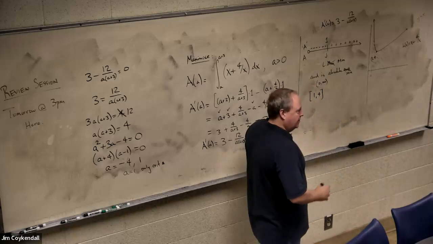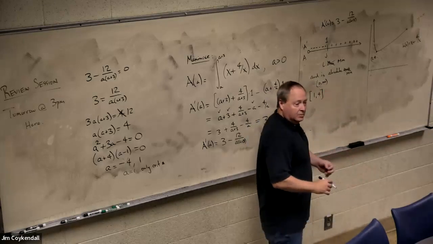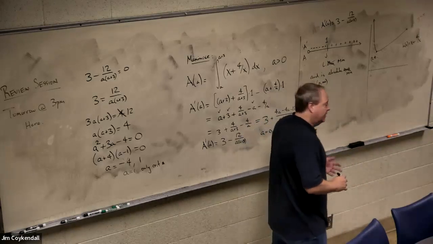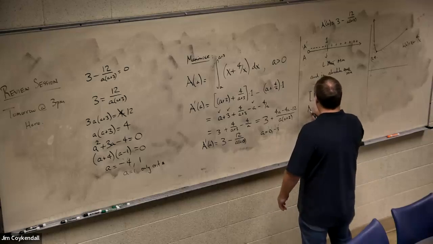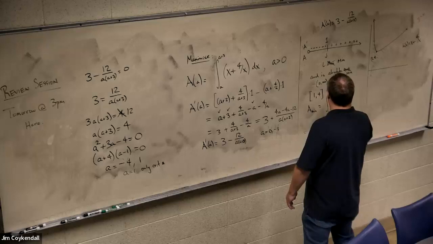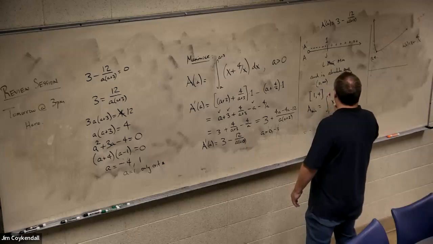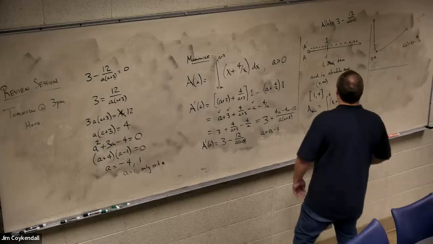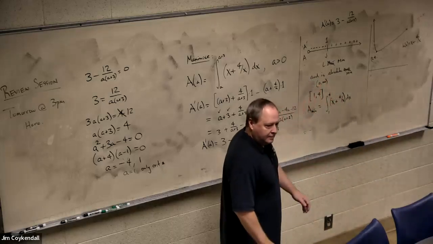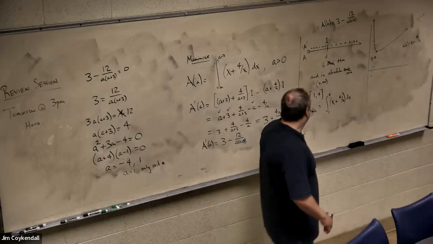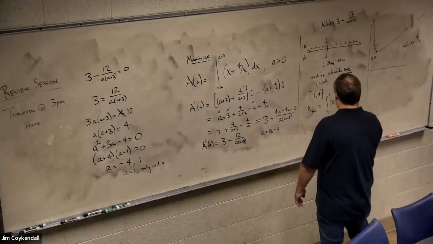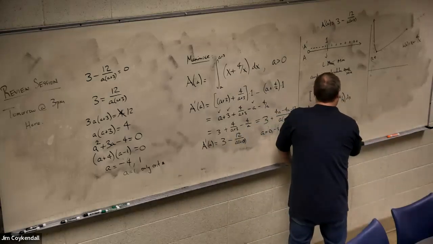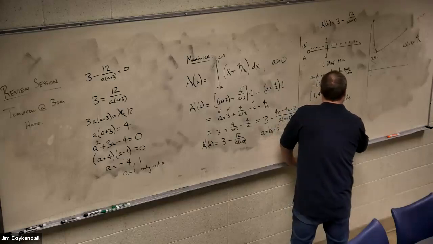If I asked you to find the minimum area under the curve, this is the integral from 1 to 4 of x plus 4 over x. And it says 1/2 x squared plus 4 log x.